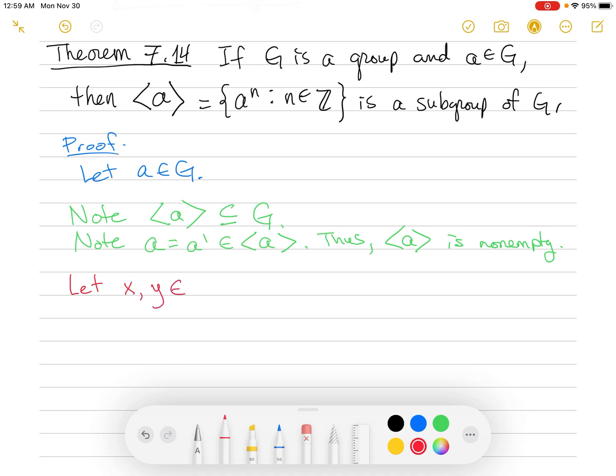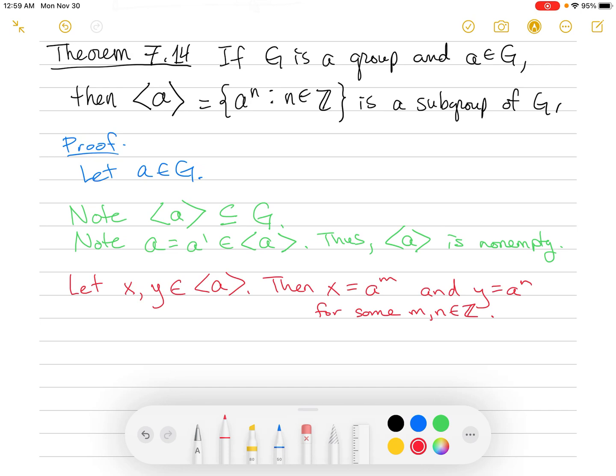So let's take two elements, x and y, in the set generated by A, or angular brackets A. That means x is equal to A to some power, and y is equal to A to some power.